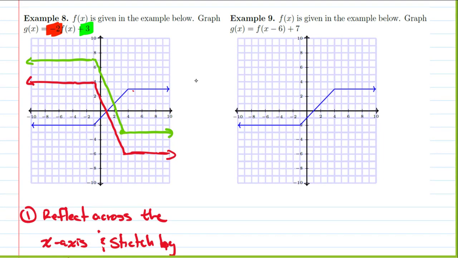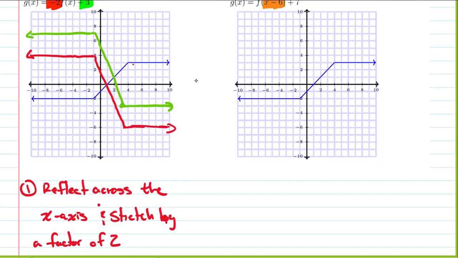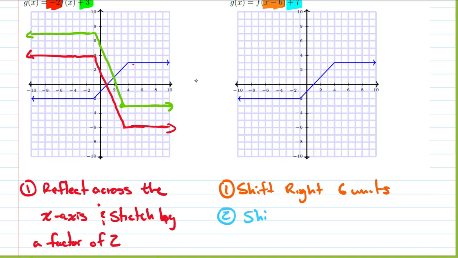Now analyze example 9. The first thing I have is my x minus 6. So that's going to shift right 6 units. And then I have a +7. And that's going to shift up 7 units.